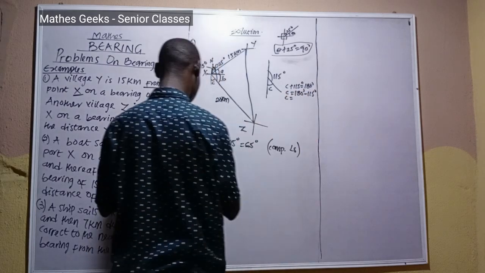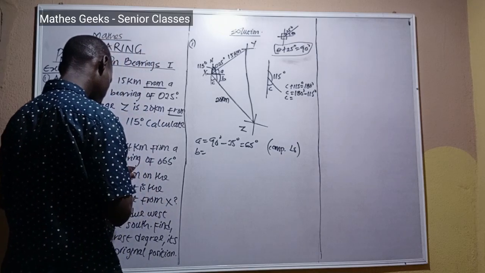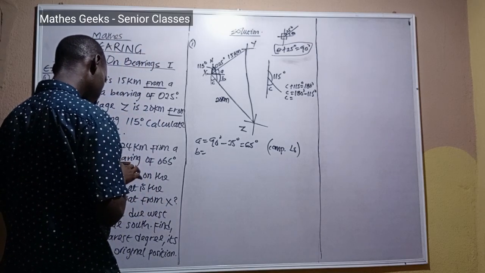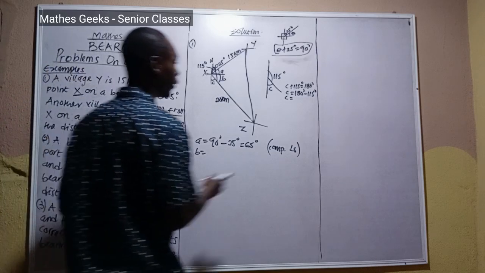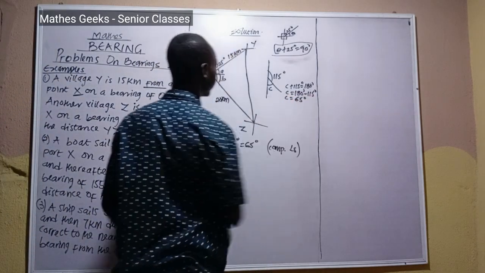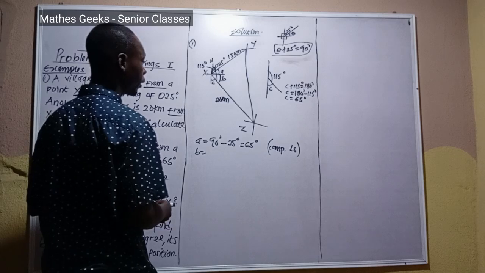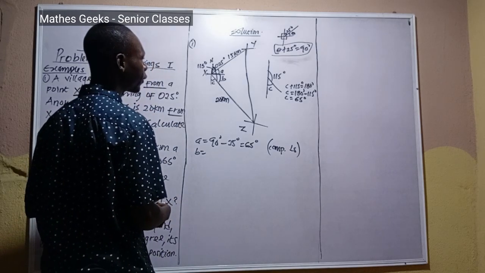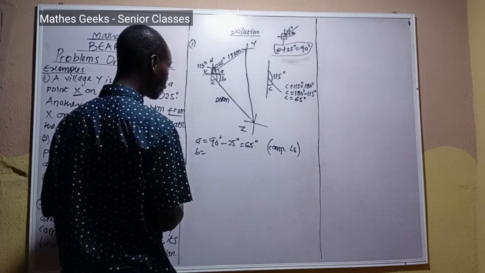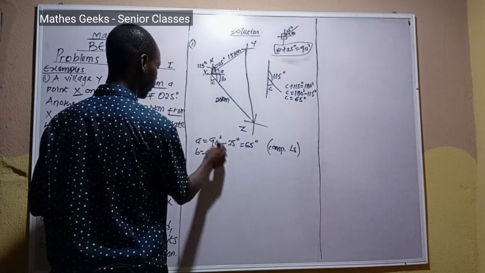So C will be what? C is equal to 180 minus 115. That's 65 degrees. Alright, so that indicates that C is 65 degrees.